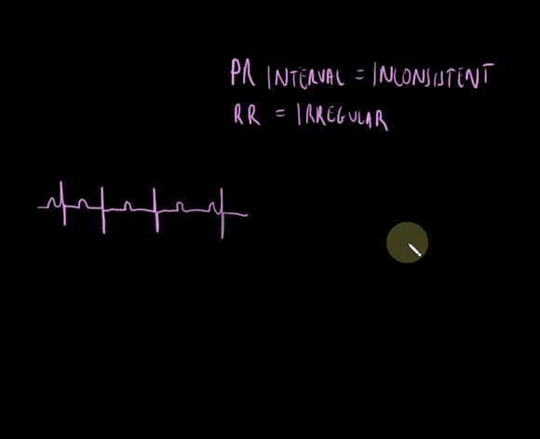If both of those two are true, we likely have, and we'll say this is sinus Brady just because the rate's slow, sinus Brady with a second degree type 1. There's a nickname for this. It's called Wenckebach.